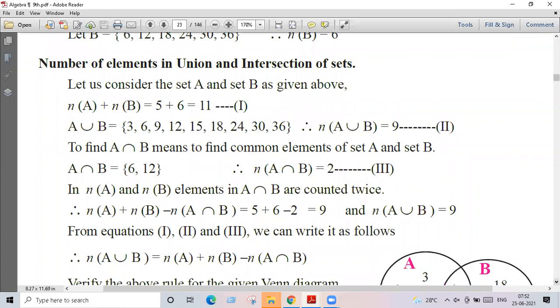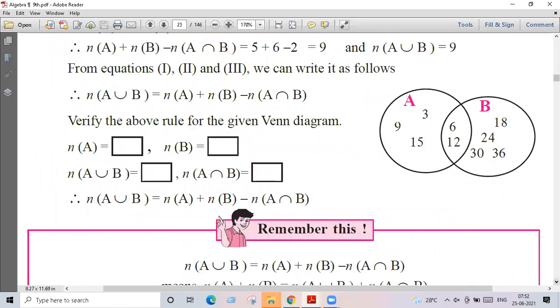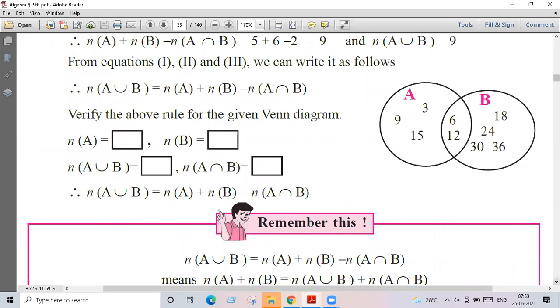Then we go directly to the formula. Yes, we have a formula.